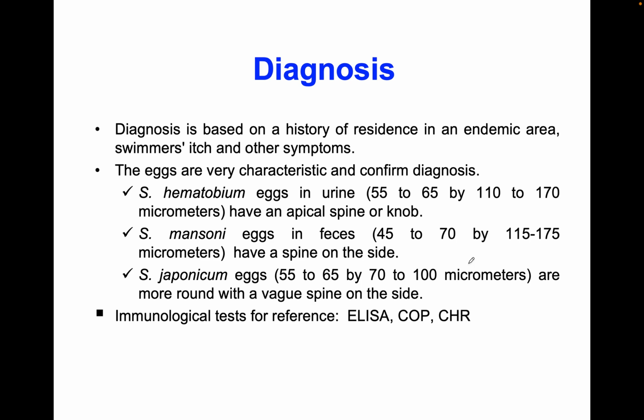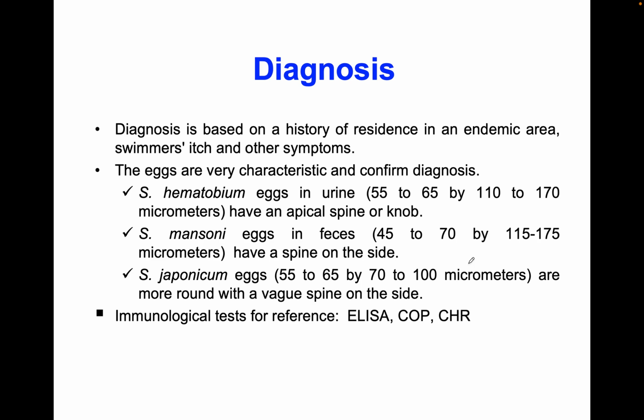The eggs are very characteristic and confirm the diagnosis. Haematobium eggs are found in the urine, and Mansoni and Japonicum eggs can be found in the stool. They have a spine on the side, and the Japonicum egg is more round with a small spine on the side.